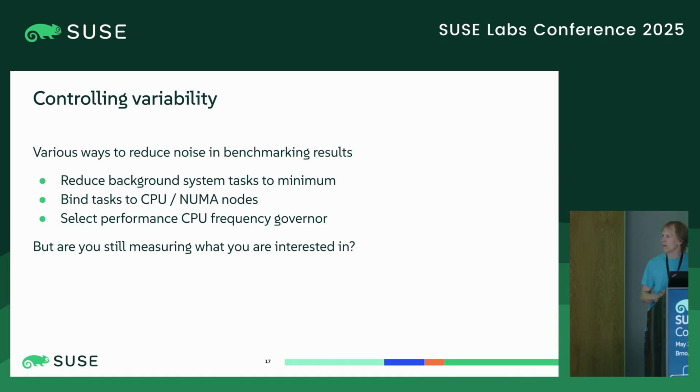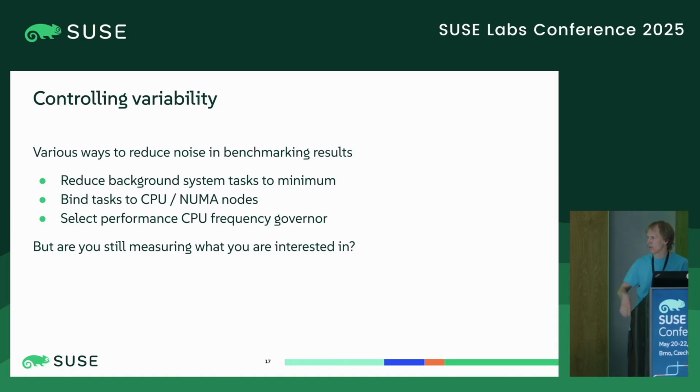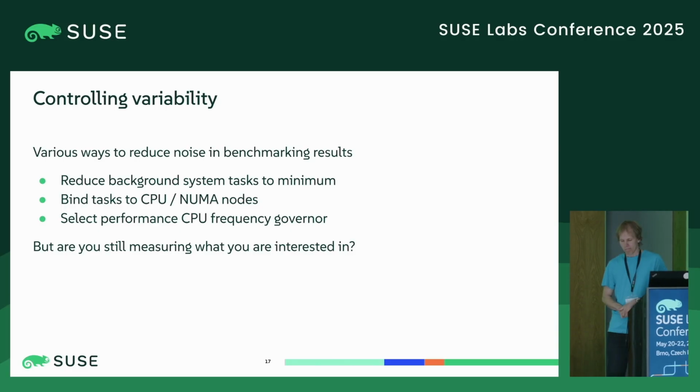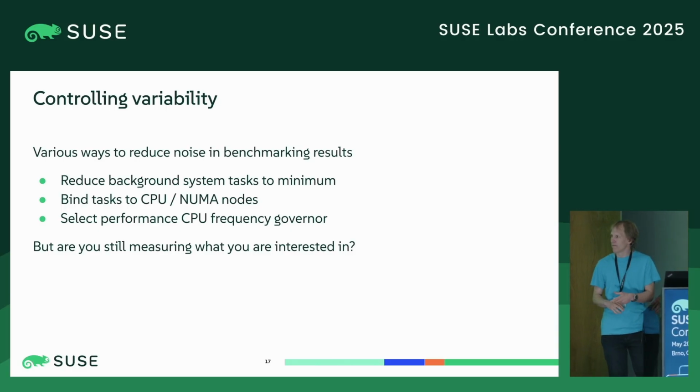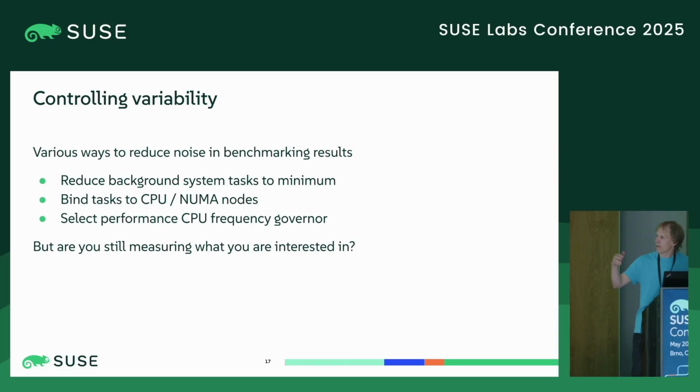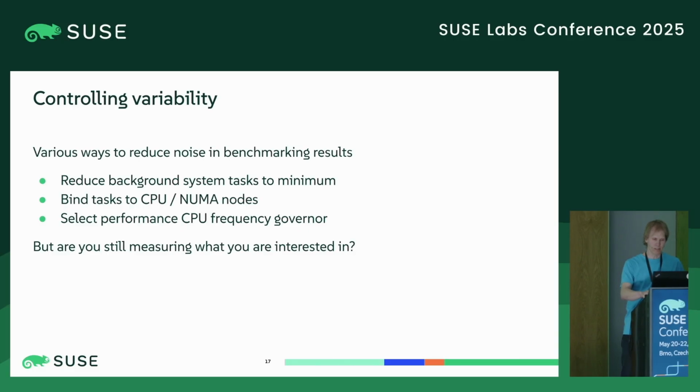They don't want to pay the power bills of a server running constantly at maximum frequency. So then these tunings are in fact unrealistic, and you simply have to live with the variability introduced by, for example, CPU frequency scaling decisions.